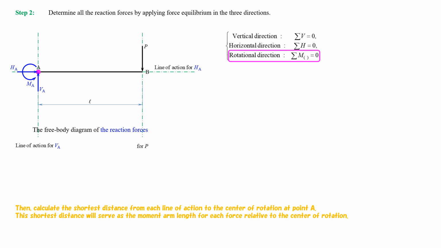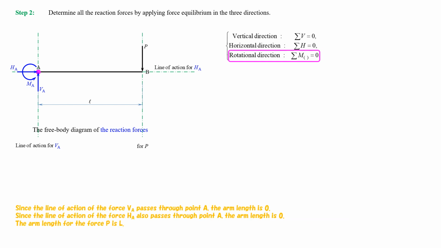Then, calculate the shortest distance from each line of action to the center of rotation at point A. This shortest distance will serve as the moment arm length for each force relative to the center of rotation. Since the line of action of the force VA passes through point A, the arm length is 0. Since the line of action of the force HA also passes through point A, the arm length is 0. The arm length for the force P is L.